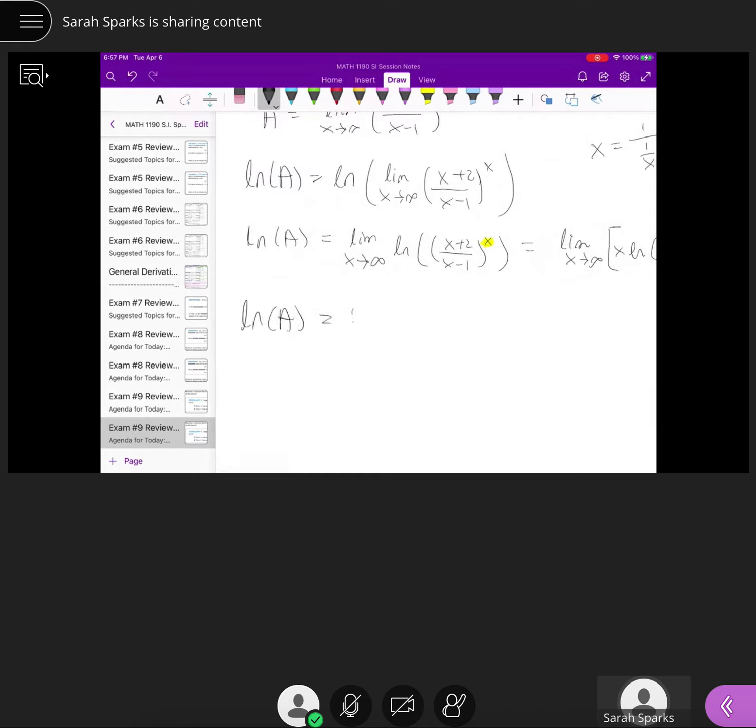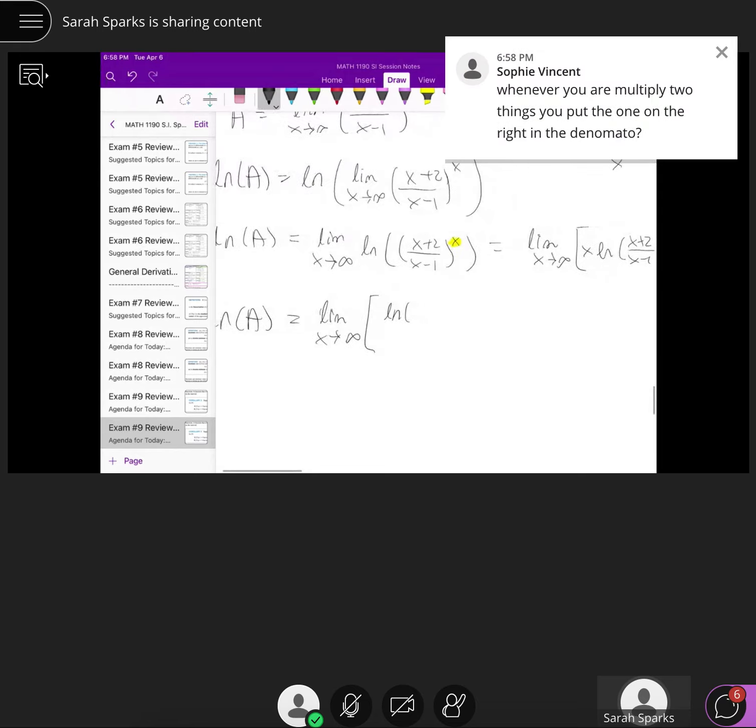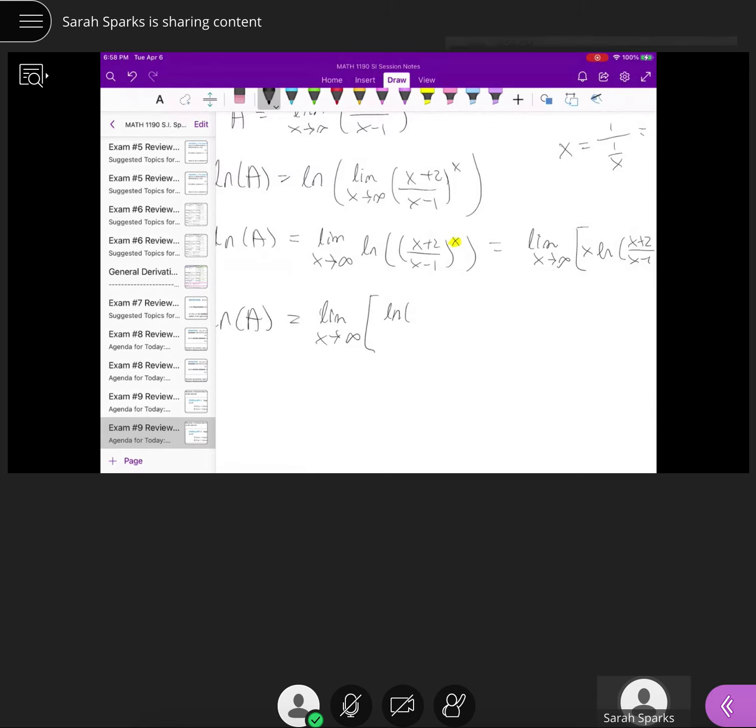So if we have the natural log of a, we're still going to have this limit as x goes to infinity, and then we're still going to have this natural log. Yeah, kind of.